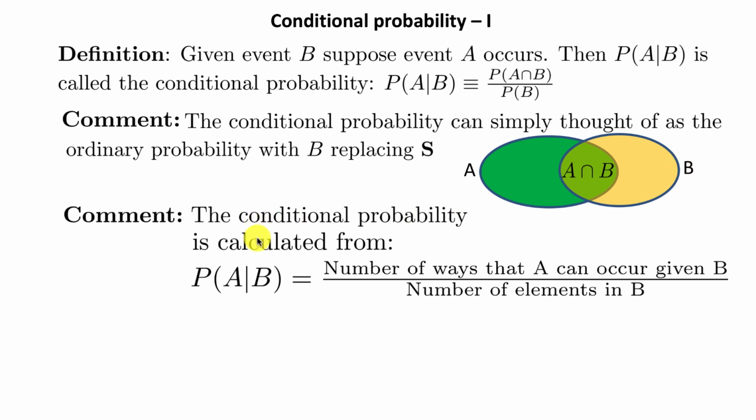The conditional probability is to be calculated from the number of ways that A can occur given B divided by the number of elements in B.